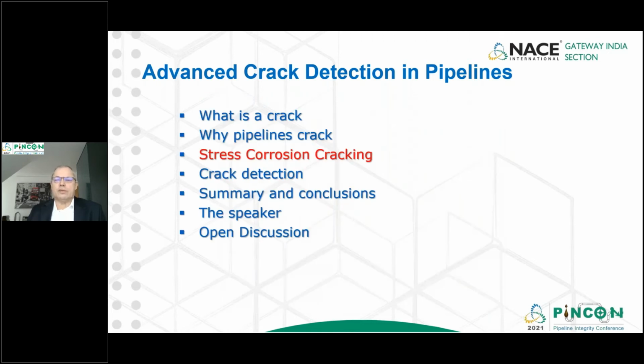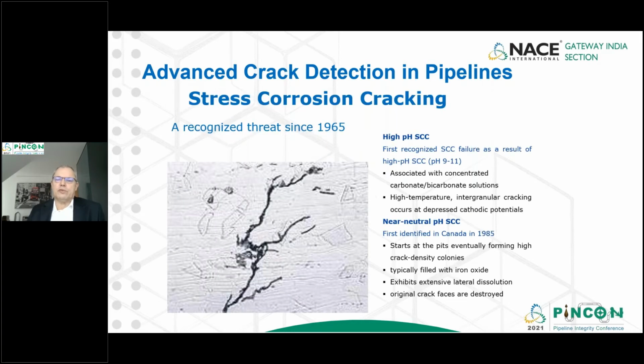The most dangerous and most occurring crack type is stress corrosion cracking, which goes back into the 1960s when the first types of this cracking were detected in the US, and which was later categorized as high pH stress corrosion cracking.